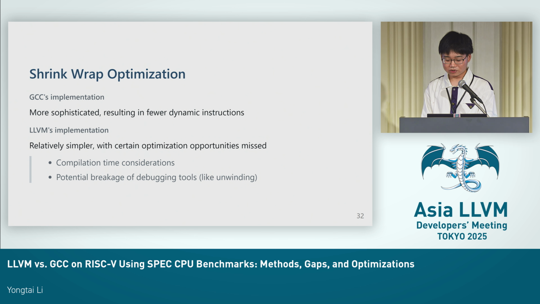GCC's shrink-wrap optimization splits store and restore points, while LLVM, trading off compile time cost and the impact on debugging tools like unwinding and so on, uses a simple shrink-wrap optimization that does not split those points.